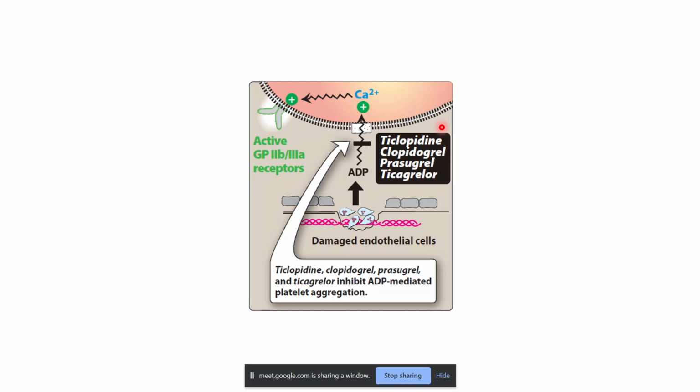These are a newer group of drugs that inhibit the action of ADP, and they act on the P2Y12 receptor. They block platelet aggregation by blocking this receptor. So that prevents the activation of the GP2B3A.